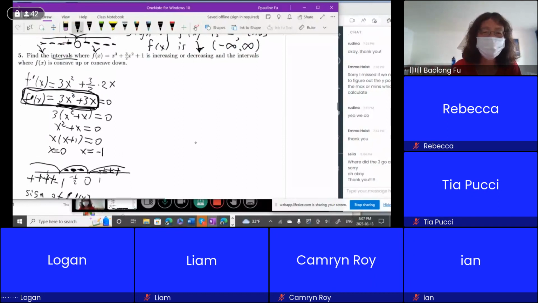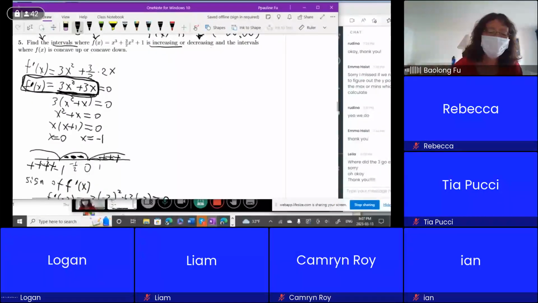Now we have a conclusion. Find the intervals where the function is increasing. How do you know? If the first derivative is positive, it is increasing. There are two positive intervals. One is from negative infinity to -1. The other is from 0 to positive infinity.